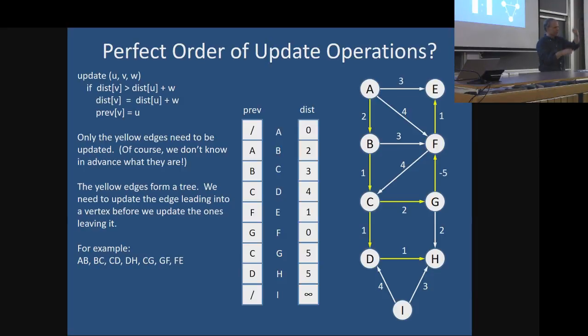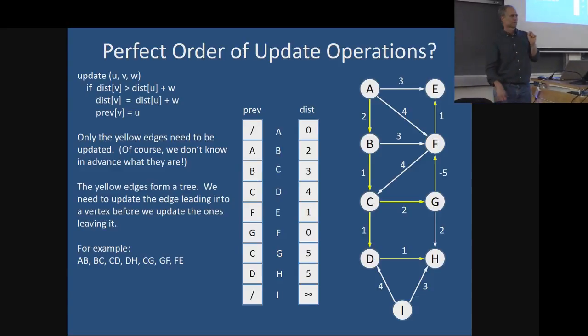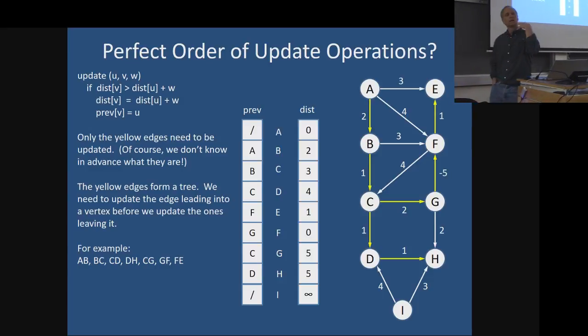Now the third edge in my schedule happened at the right time. So how many times do you have to do this to guarantee that we've done all the yellow updates in the right order? V minus 1 times, right. At most V minus 1 times, because we're building a tree, and that's the most number of edges we could have in a tree. Now, how could we stop early?